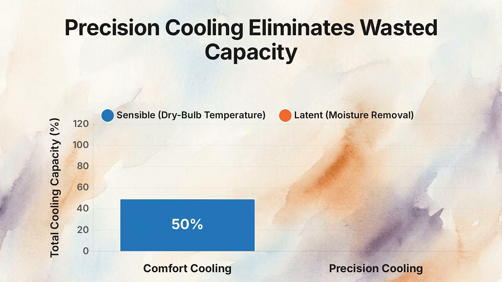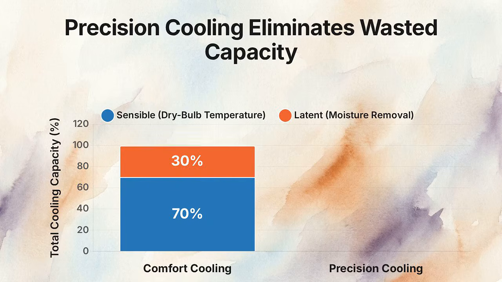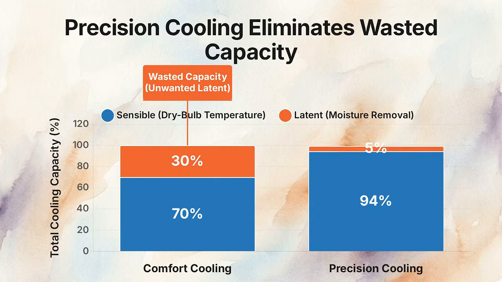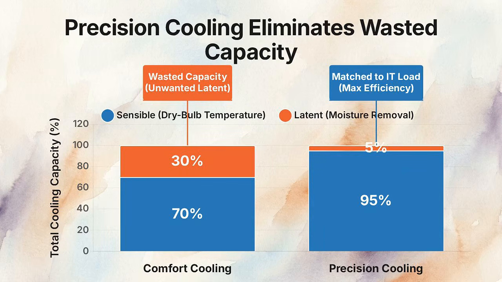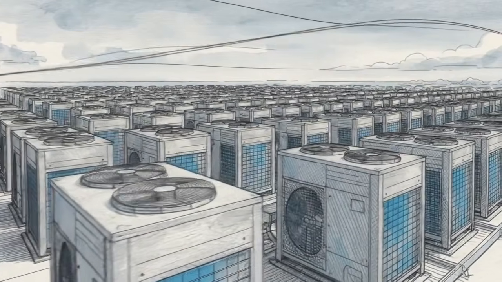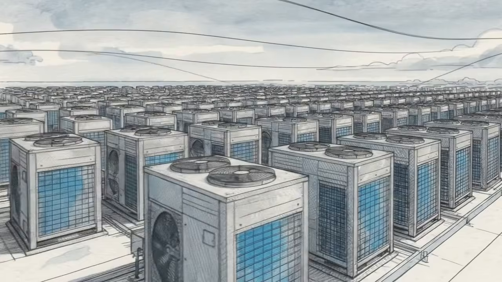Standard comfort cooling equipment operates with a lower SHR, designed to pull moisture from the air. Placing those units in a dense electrical room wastes significant capacity and energy on unwanted latent dehumidification, instead of dropping the dry bulb temperature.